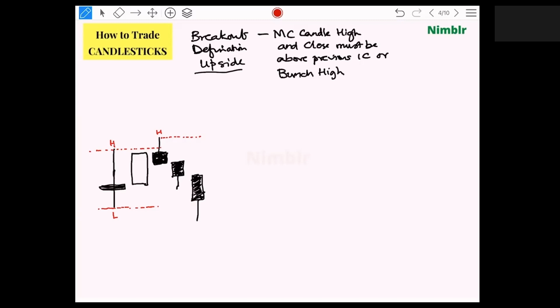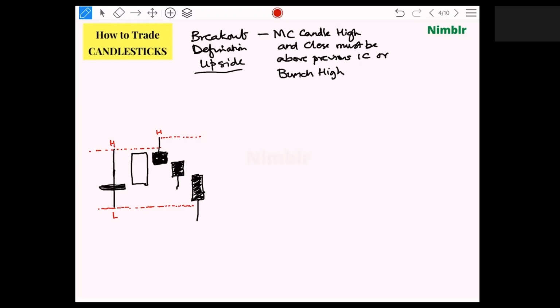Right? Now here, what was the low? This was the low. It went below, but it did not close. It closed within this first candle.